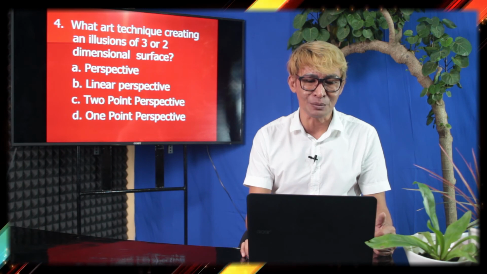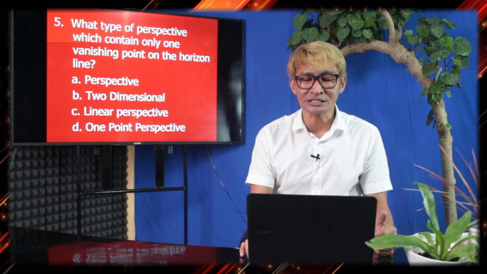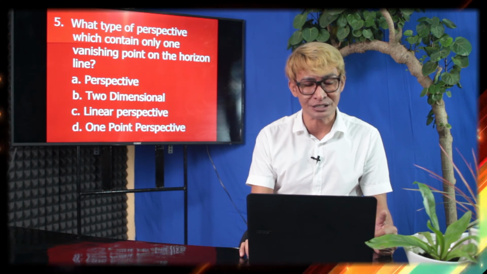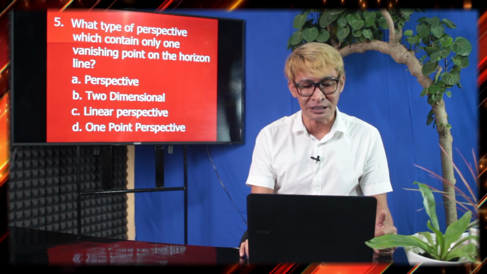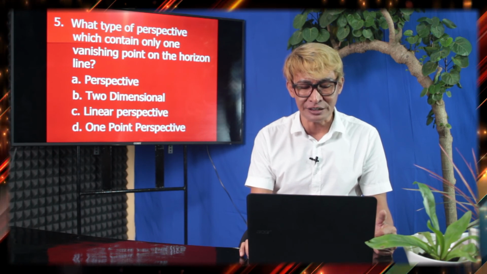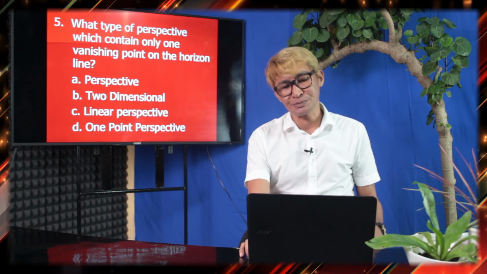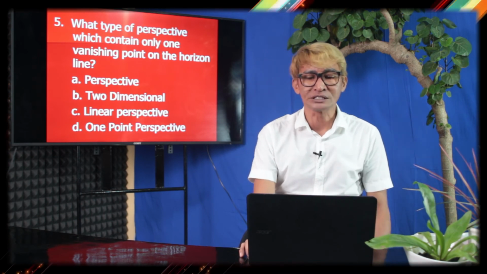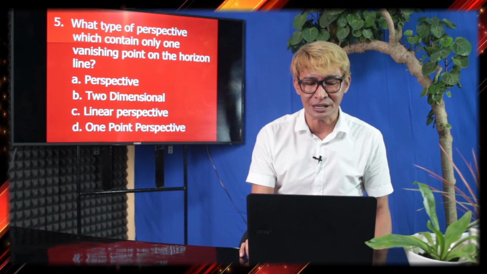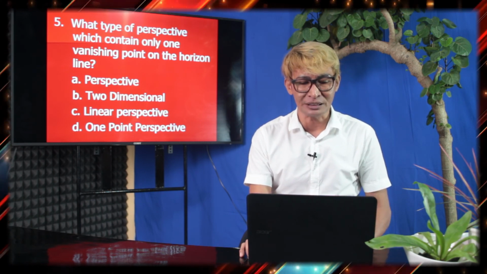Okay, for your last number 5. What type of perspective contains only one vanishing point on the horizon line? A. Perspective.